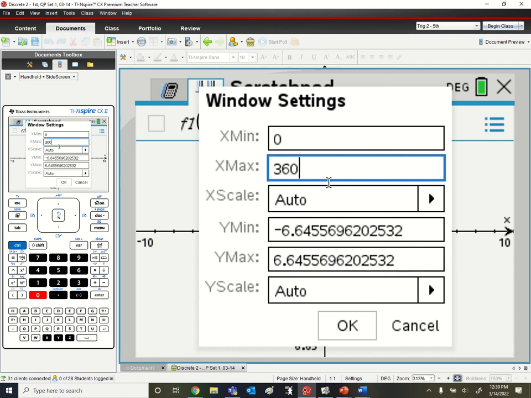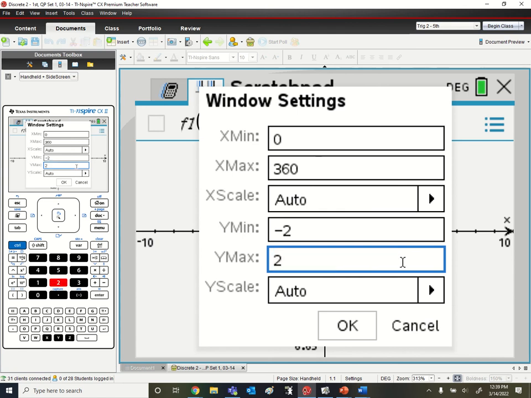So I only want to go like -2 and +2. And you'll see why once we actually get into graphing this. This is standard for doing all these equations.